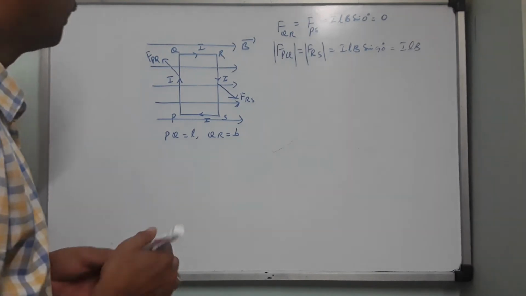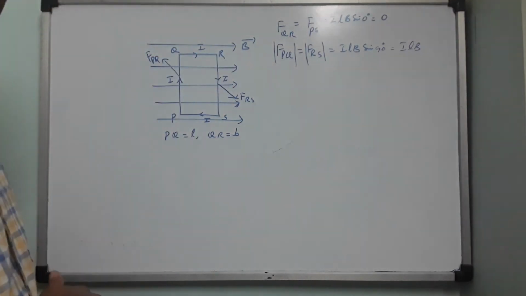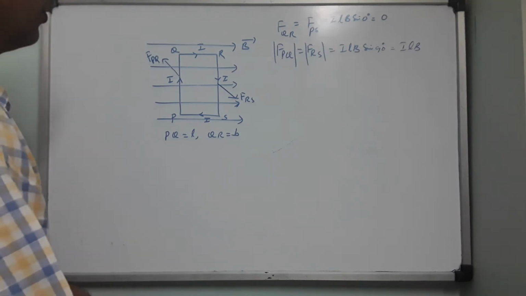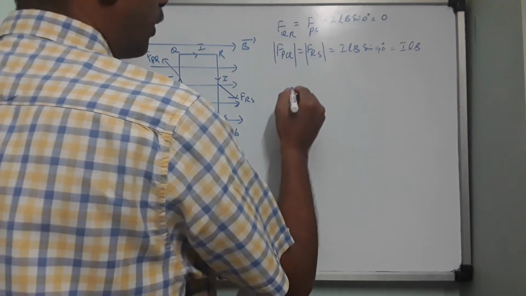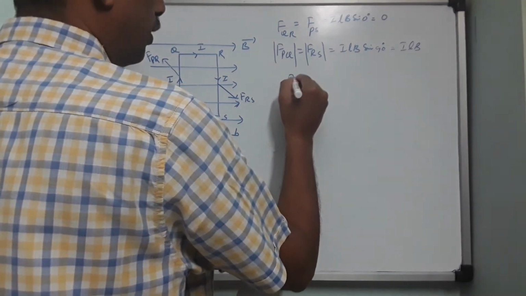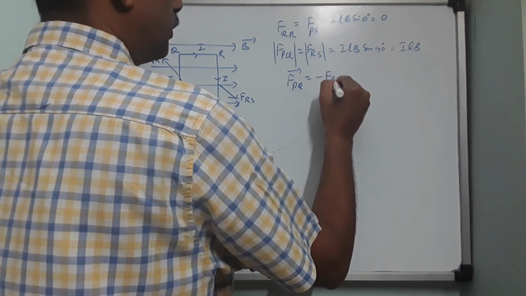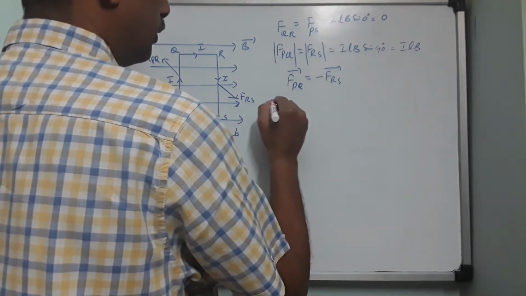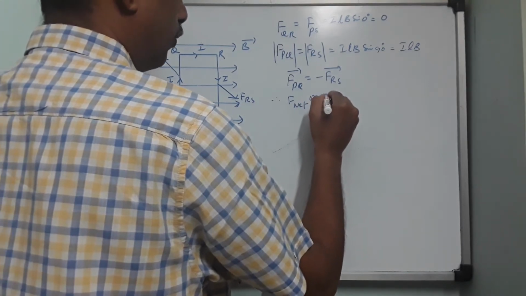Now we said that F PQ is acting into the plane of the board, F RS is acting out of the plane of the board. So the net force on both of them: if you write the directions also, F PQ vector equals minus F RS vector. Therefore, F net on the coil is 0.